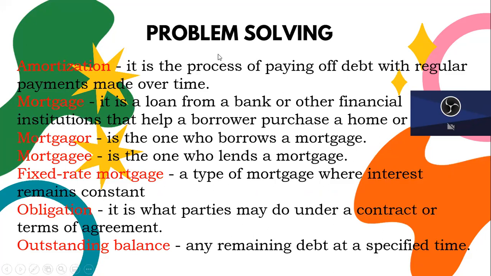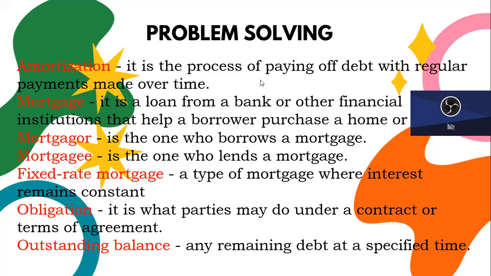So some problems on business and consumer loans. But before that, tandaan po natin na payment natin. And then we have the mortgage, the mortgagor, the mortgagee, the fixed rate mortgage, the obligation, and the outstanding balance. So pag sinabi natin mortgage, it is a loan from a bank or other financial institutions that help a borrower purchase a home or a car.